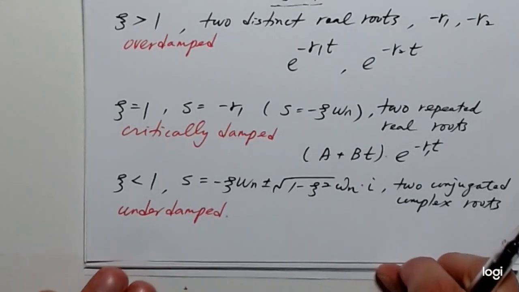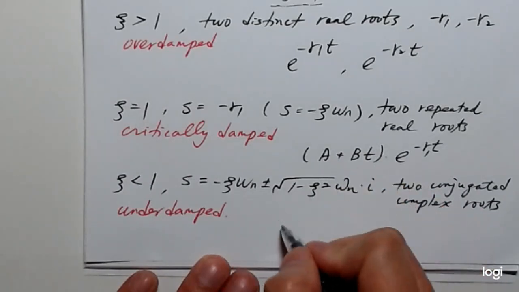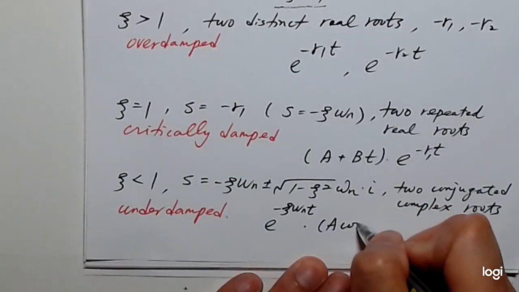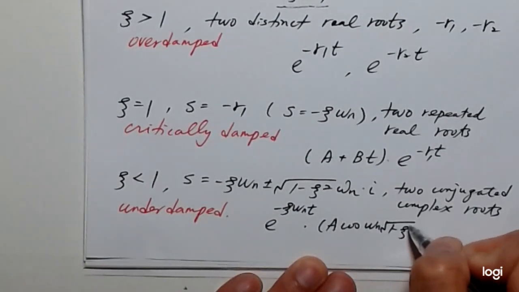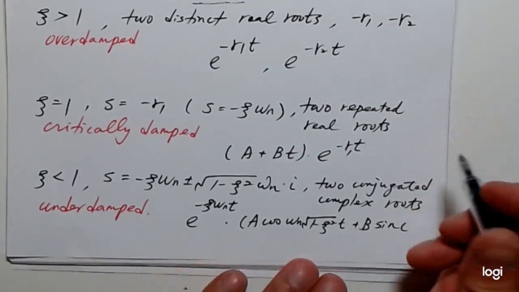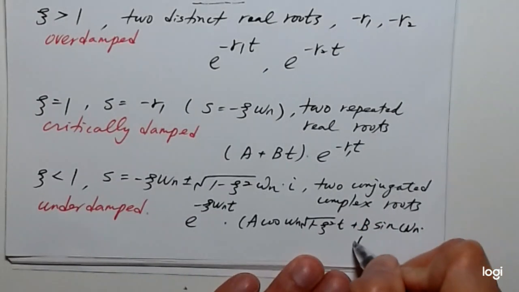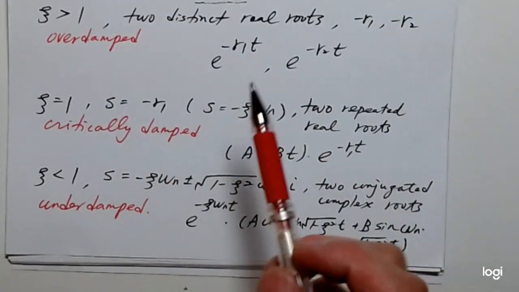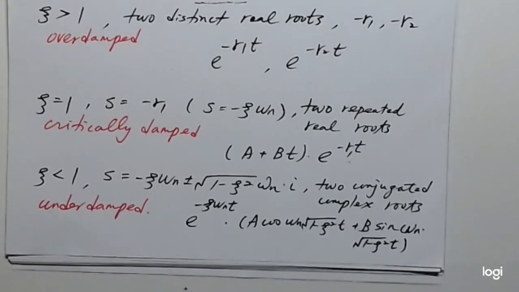About the last one, if you remember from 340, the solution form will be exponential functions as well as sine and cosine functions. So there are three cases here: overdamped, critically damped, underdamped.